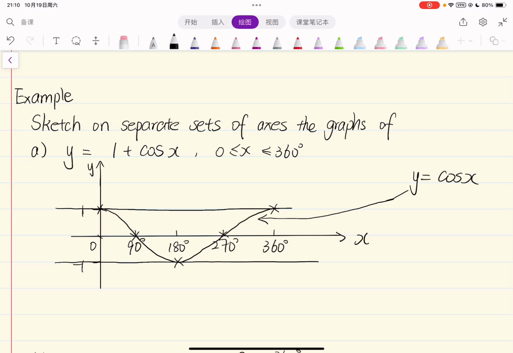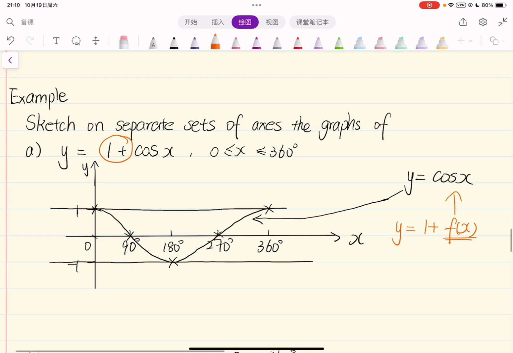Now the question asks you to draw y equals 1 plus cosine x. Let me use an orange pen. You have y equals 1 plus f(x), where f(x) equals cosine x. Plus something outside the bracket means you move f(x) by the vector (0, a), so here it is (0, 1).